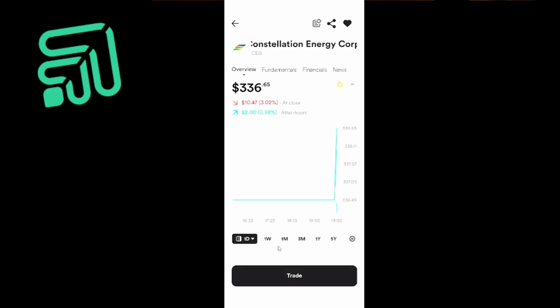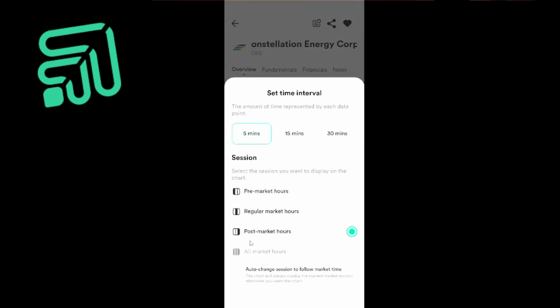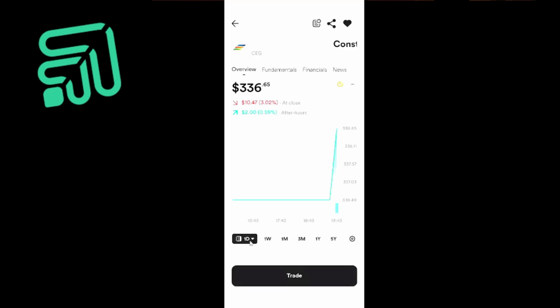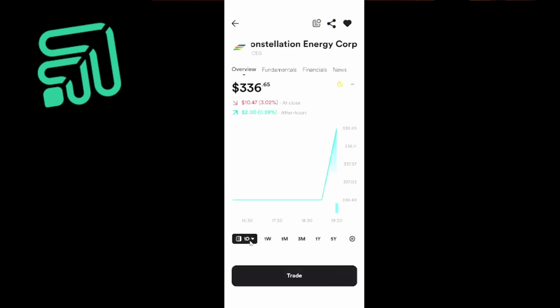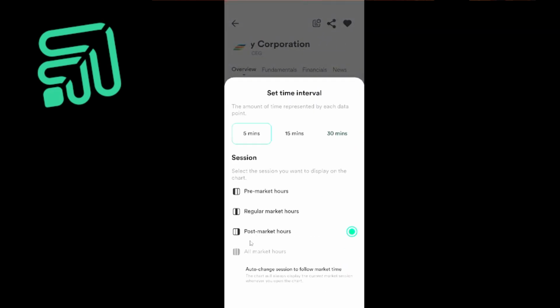And at the bottom, you could see the daily, and under the daily, you could choose between 15, and that's how it is. And then 30-minute time frame, and then let's go back to the 5-minute time frame.